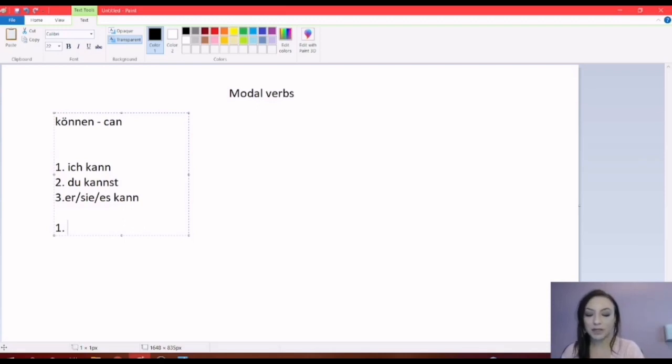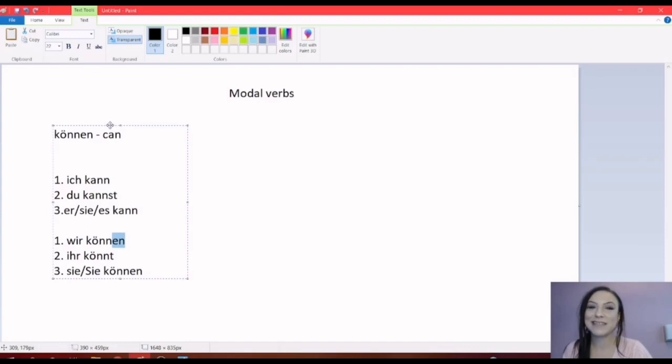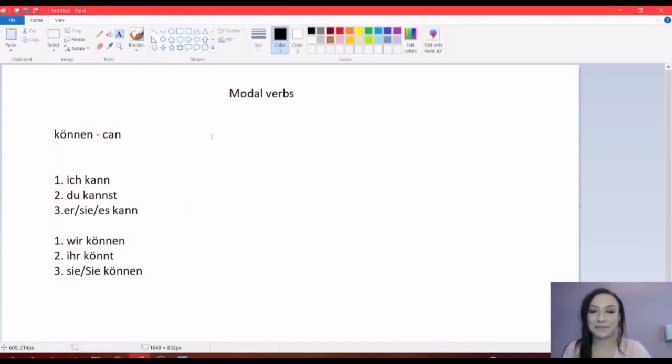So it would be wir können, ihr könnt and sie können. You see, it's the same -en as with regular verbs in the present. Just pay attention to memorize the singular ones.